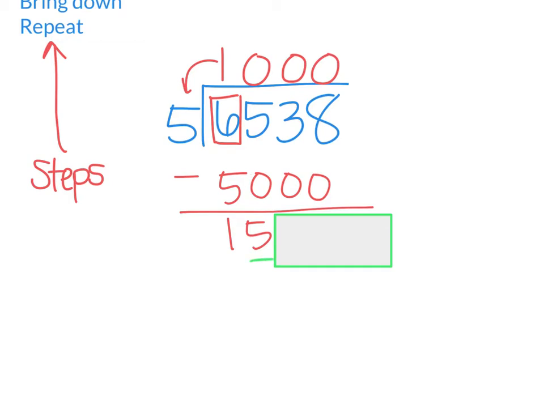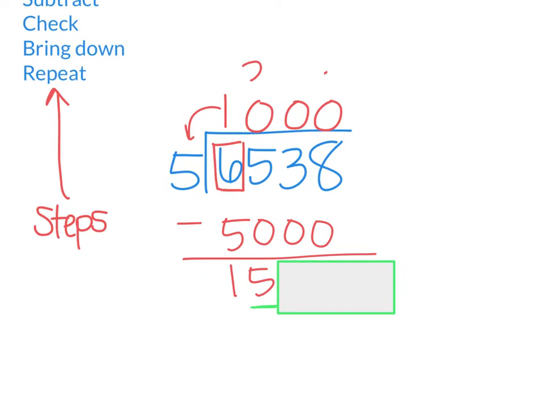Well, since this 5 is in the hundreds place, I'm going to be thinking 5 into 15, which is 3 times. And since it's in the hundreds place and it lines up right here, my 3 has to go right above that. And then again, I'm going to fill in zeros afterwards. So 300 technically is what I'm saying, times 5 is 1,500.